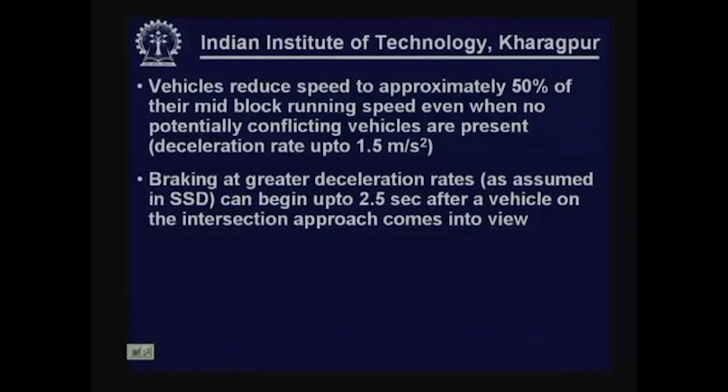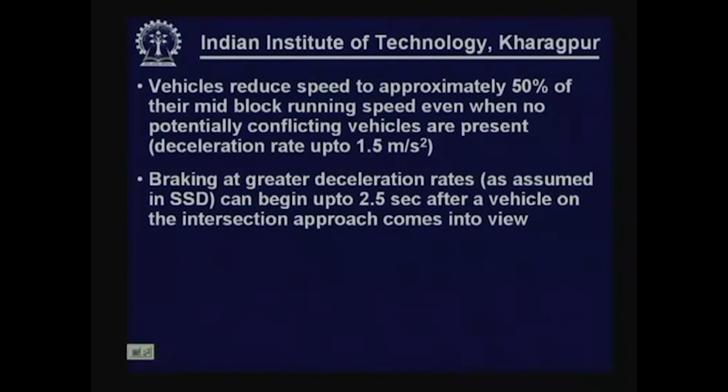Vehicles reduce speed to approximately 50% of their mid block running speed even when no potentially conflicting vehicles are present.